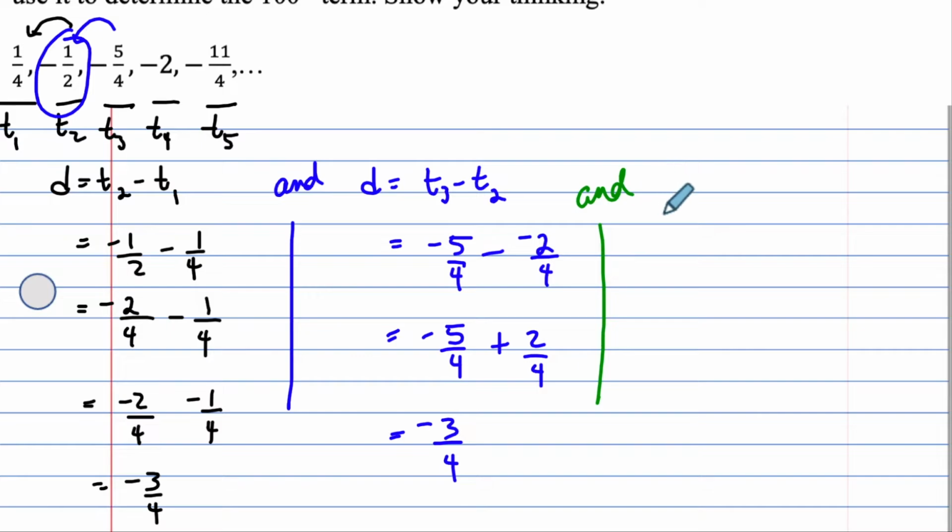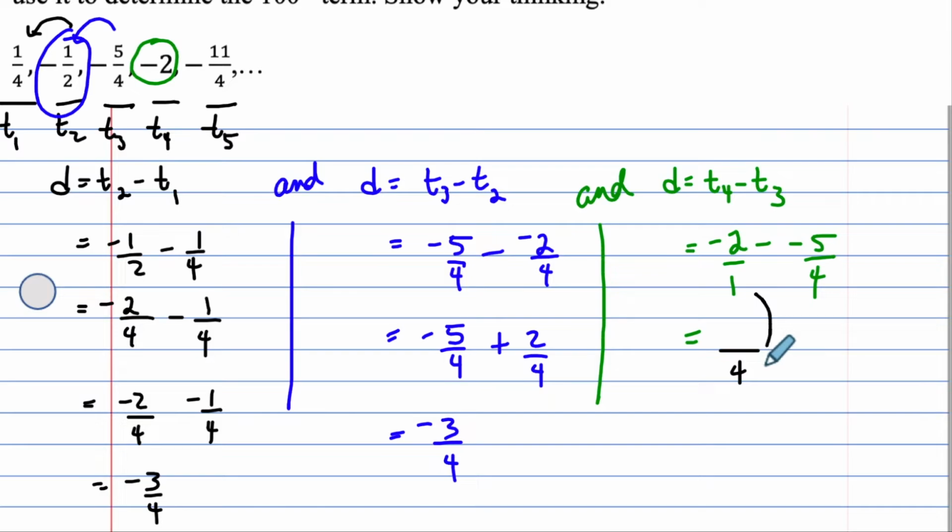So the next one we'll do is D is equal to T of 4 minus T of 3. T of 4 is negative 2. Subtract negative 5/4. So we're going to get a common denominator here of 4.